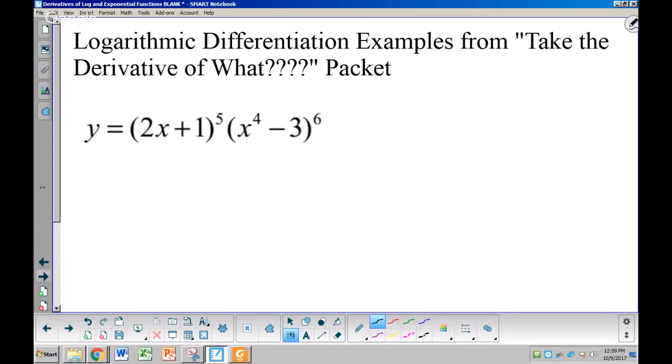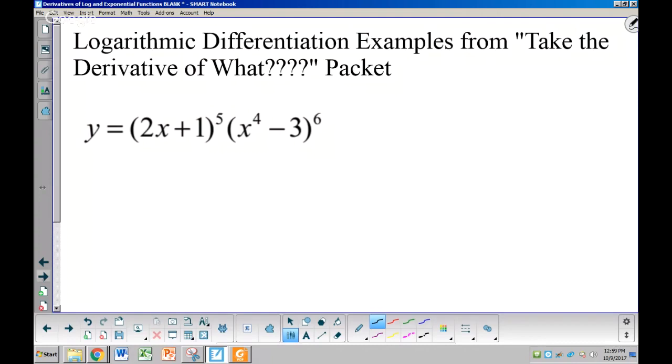But guess what? Logs can be our best friends because we can unbundle this. And I'm going to tell you guys about this process called logarithmic differentiation, which is a big fancy word for: I'm going to take the log first and then take the derivative.